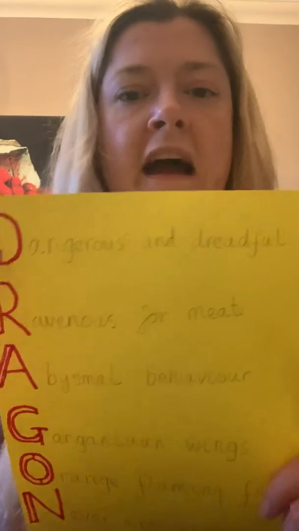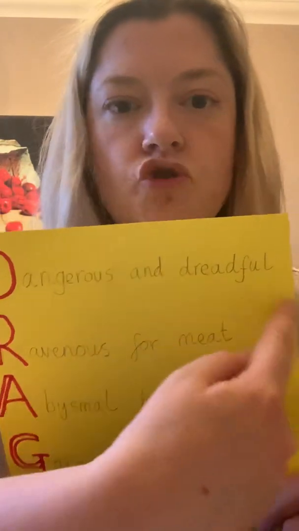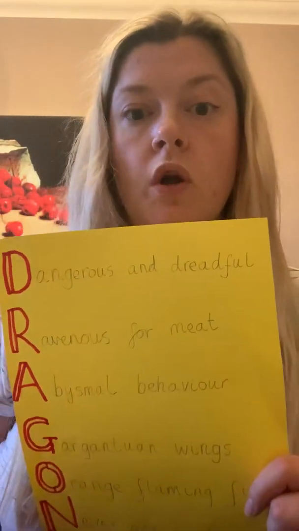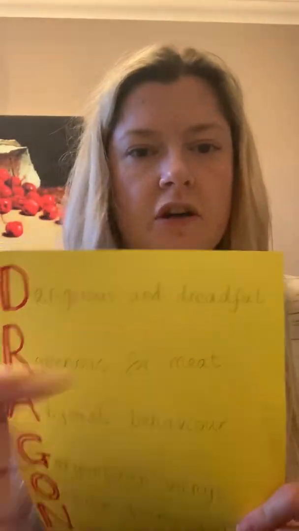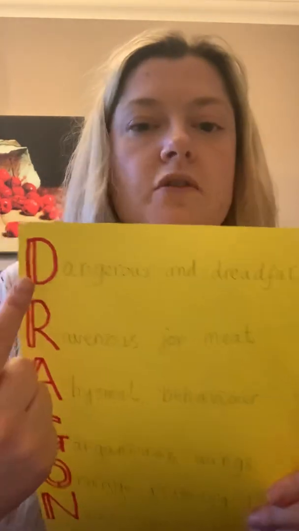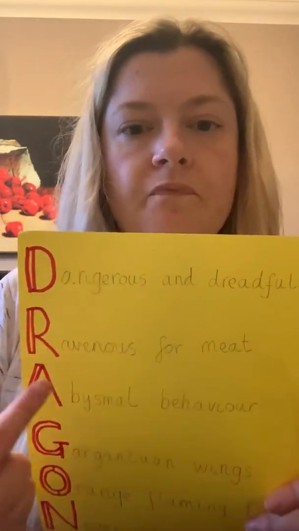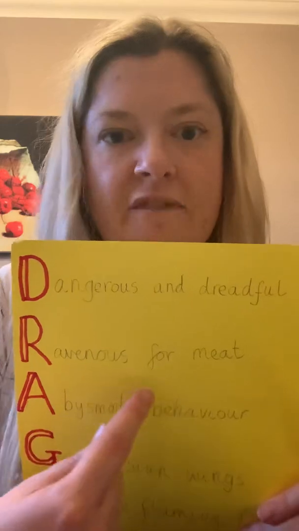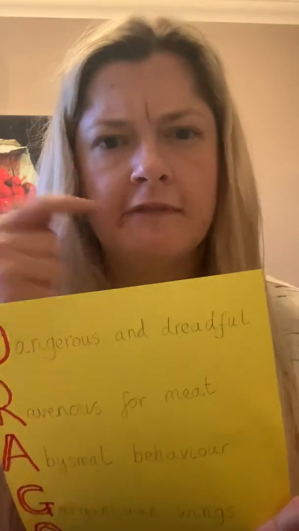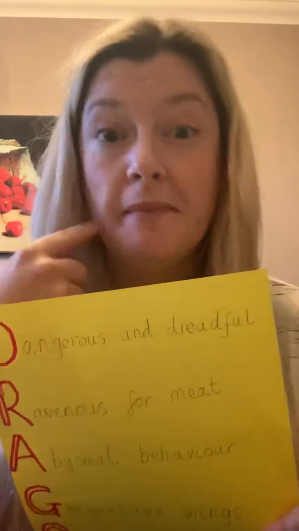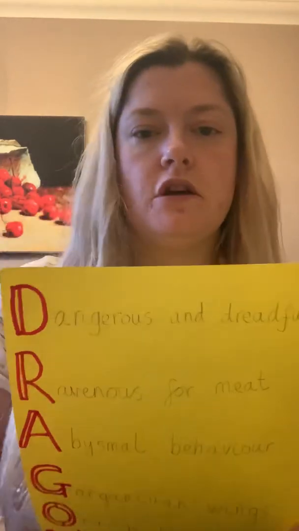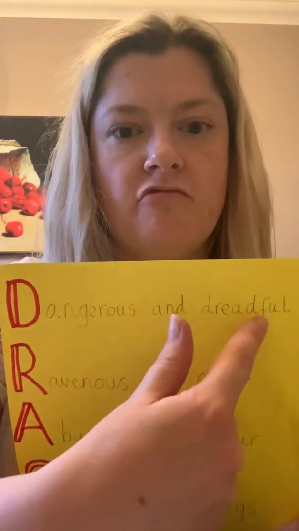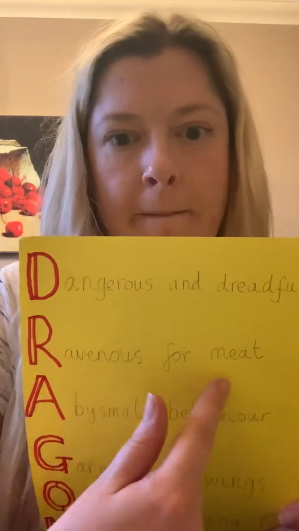Oh, that's a little bit of alliteration as well, because that's a D and a D, two words that start with the same sound. So dangerous and dreadful. For R I've said ravenous for meat. Oh, ravenous, that's a good word. It means really hungry.